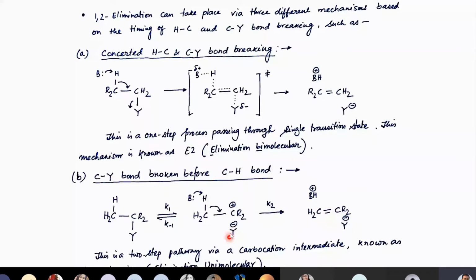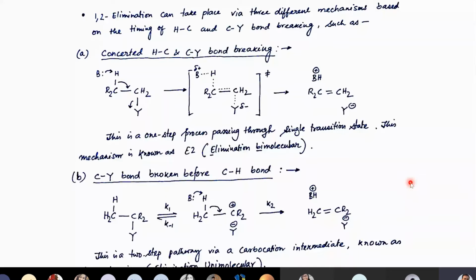Here the Y minus leaves first, followed by H. This is a two-step pathway via a carbocation intermediate. In this case, the first step becomes the rate-determining step, and that is why here you have only one molecule involved. That is why it is known as E1 mechanism, or elimination unimolecular. We'll see all these things in detail.